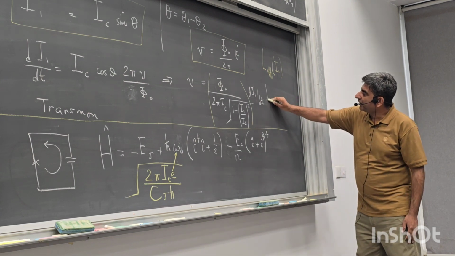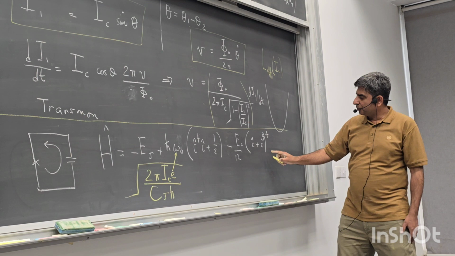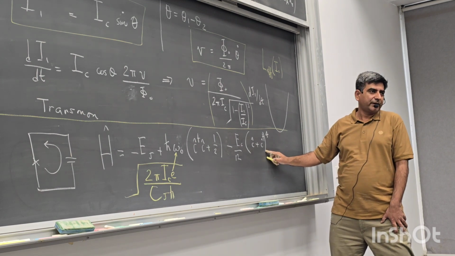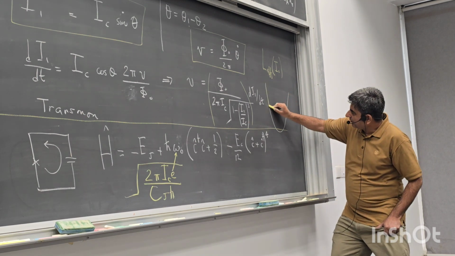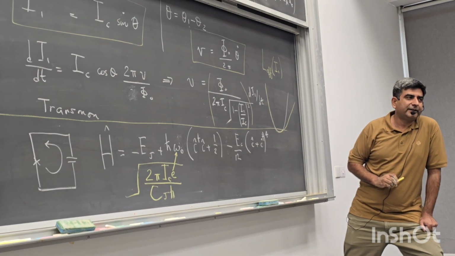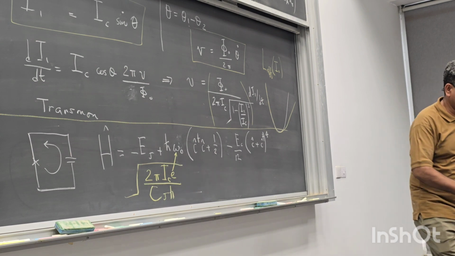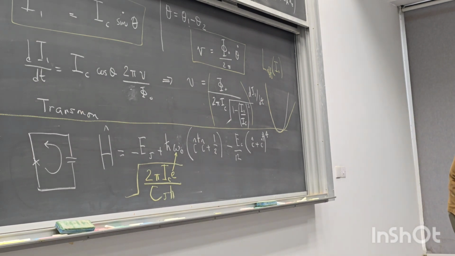And now the harmonic oscillator, which was a nice parabolic function, due to this quartic term, kind of changes its form. The harmonic oscillator levels are no longer equally spaced. In fact, you can derive what the spectrum associated with these levels is going to be.